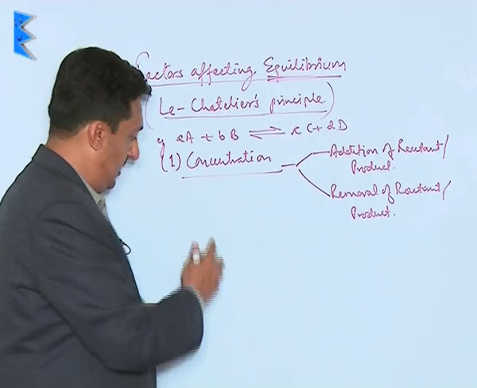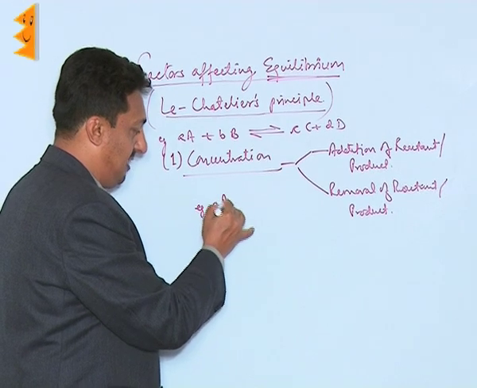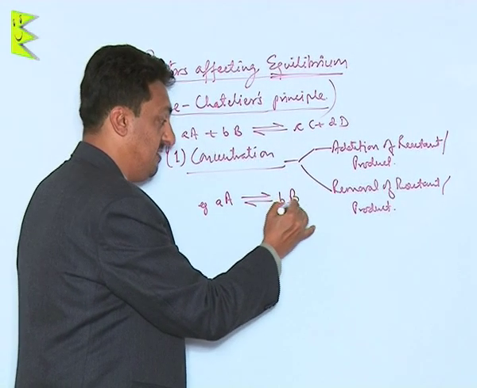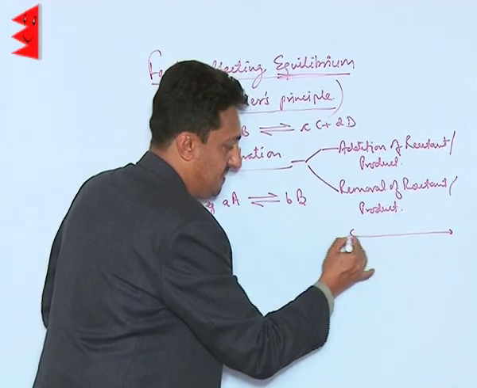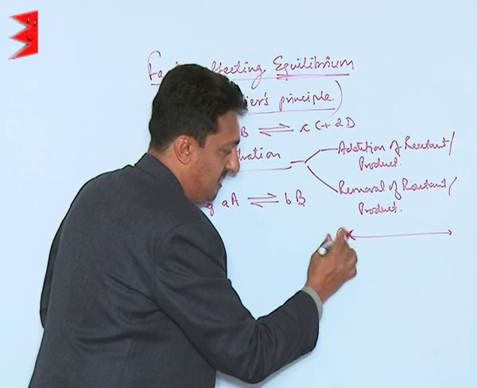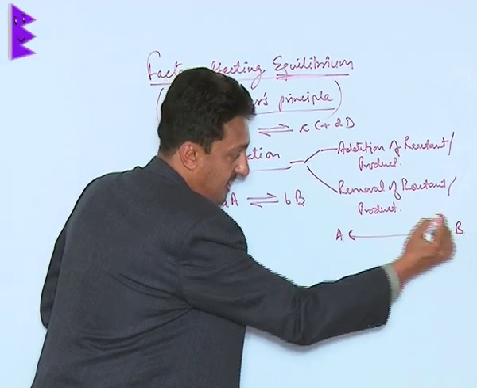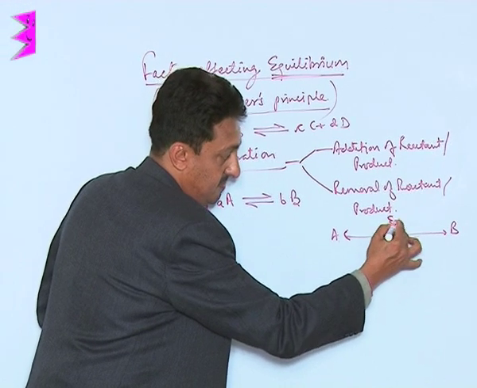Let us understand by taking an example of a reaction in which A moles of A changes to B moles of B. We also know from the number line system, here on the left hand side we have the reactant A, and here on the product side we have B. The system is exactly at equilibrium.